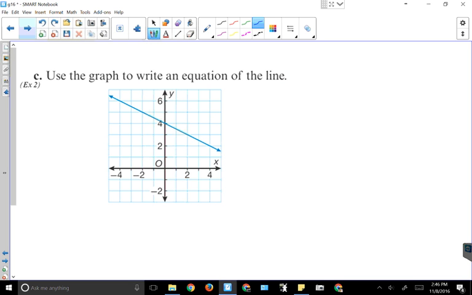Logan, if I am going to write the equation of a line, what is the first thing I need to make sure that I have identified? Or I should say, what's the formula or the form that it needs to be in?